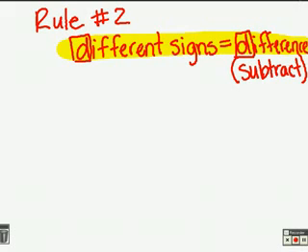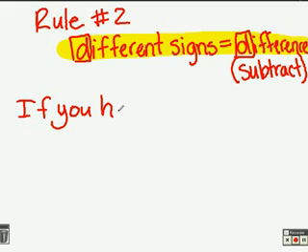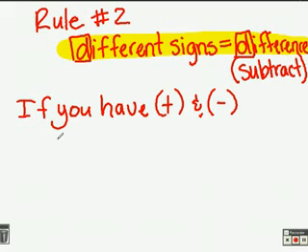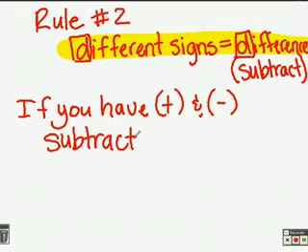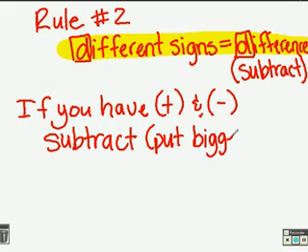But we're going to go a little further with that. So if you have opposite signs, positive and negative, you subtract, and you can put the bigger number first. So if you need to switch the order of the numbers, that's fine.